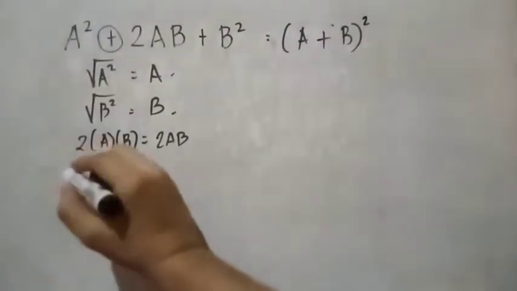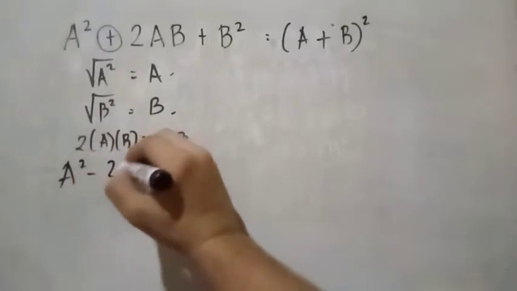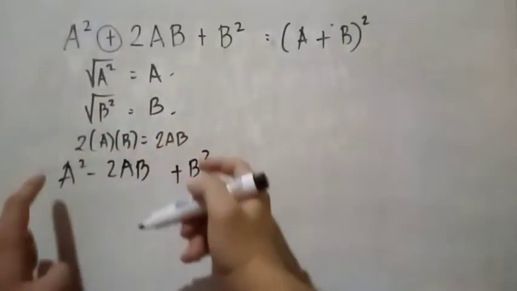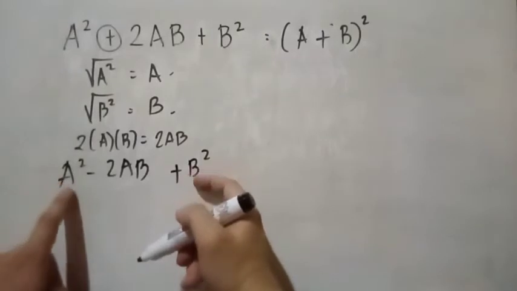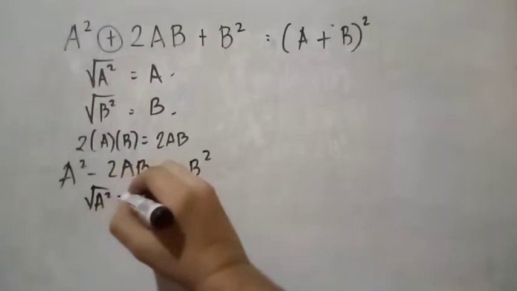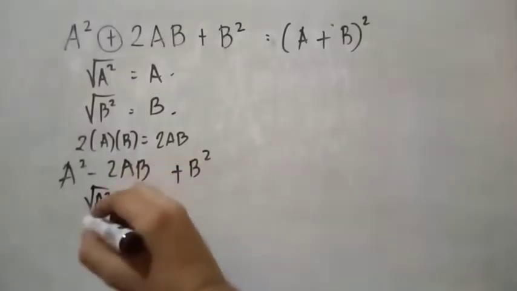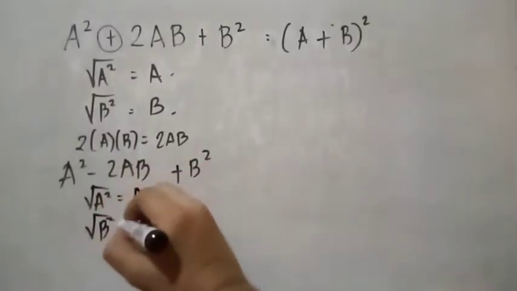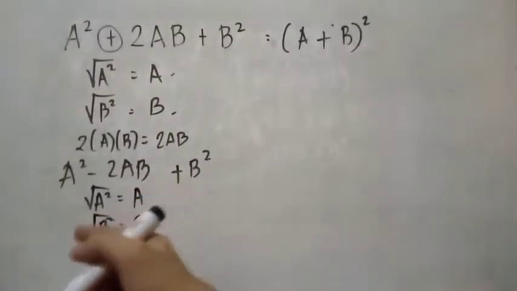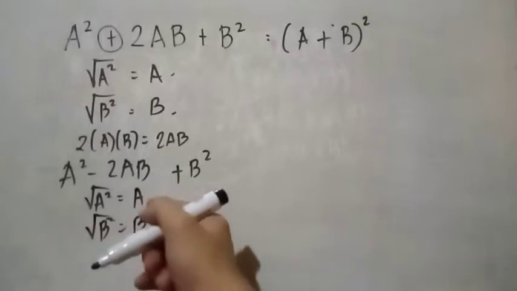So applicable naman din sa a squared minus 2ab plus b squared. So kunin natin yung square roots ng a squared tsaka b squared. So we have a squared, square root of a squared is a, and then square root of b squared is b. After nun, i-multiply natin 2 times the product of these two terms.